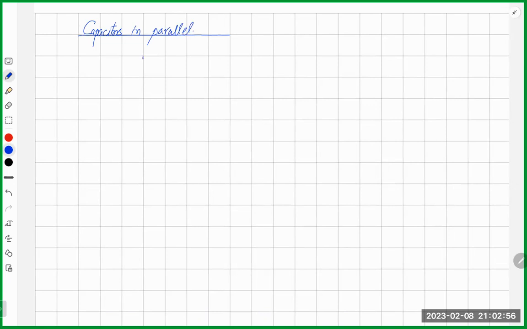So let's do it now. There is a capacitor number 1, capacitor number 2, capacitor number 3. So there can be multiple capacitors connected in parallel.